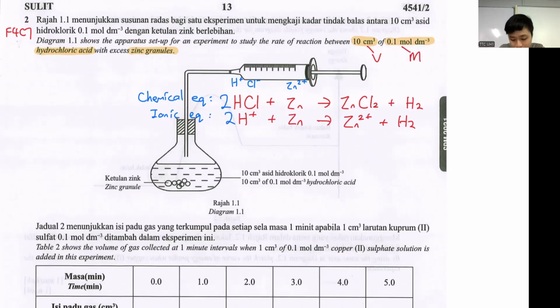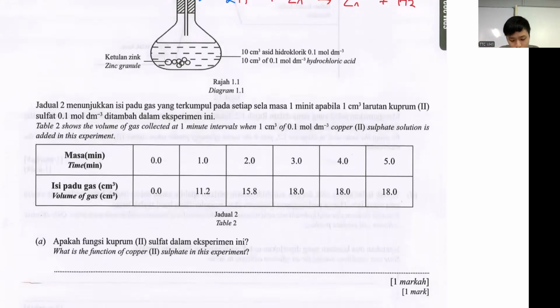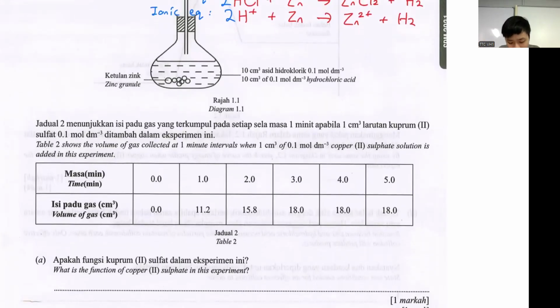Possible. Okay, so table 2 shows the volume of gas collected at 1 minute intervals when 1 cm cube of 0.1 mole per dm cube copper 2 sulfate solution is added. Now, this is the catalyst. You know what a catalyst is, right? A catalyst speeds up the chemical reaction, especially this CuSO4 can apply for acid plus metal.